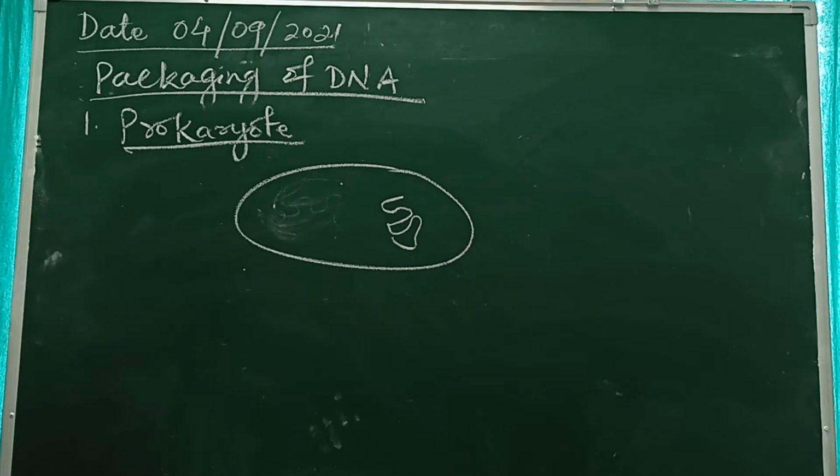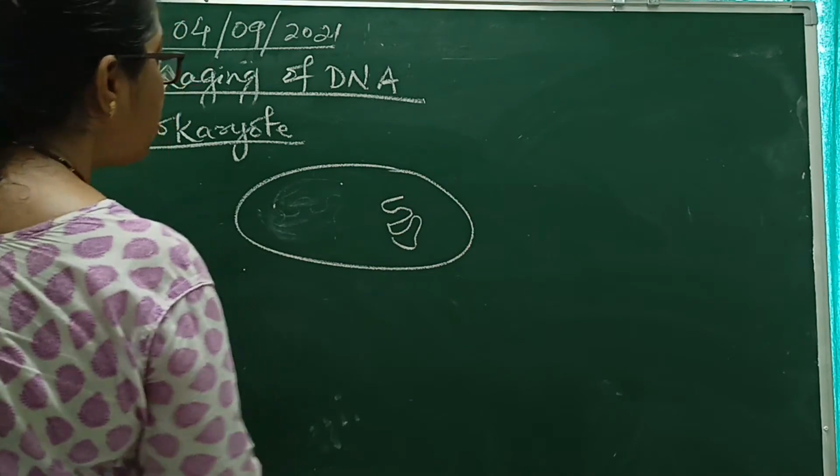Okay, and this is how the DNA is confined to a particular position. It is because of the packaging of the DNA, and that packaging is possible due to the negative charge of DNA and positively charged protein.